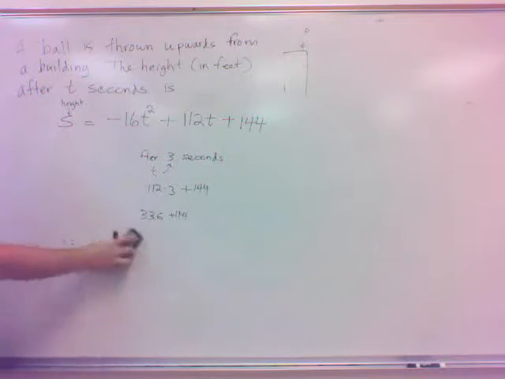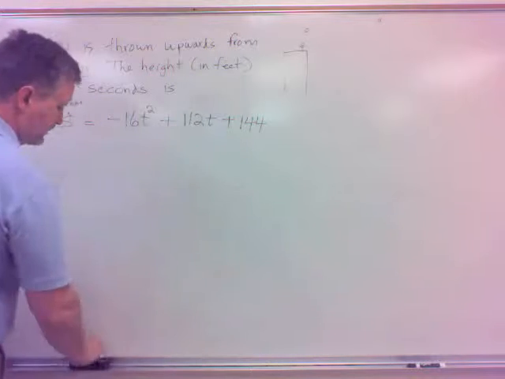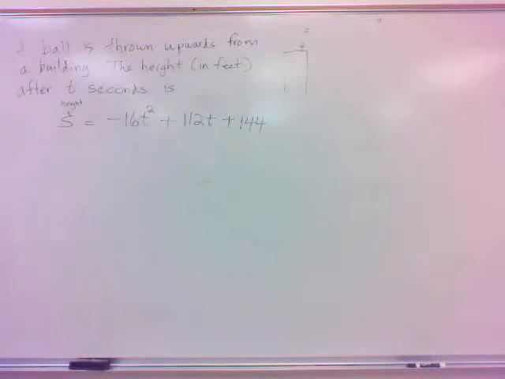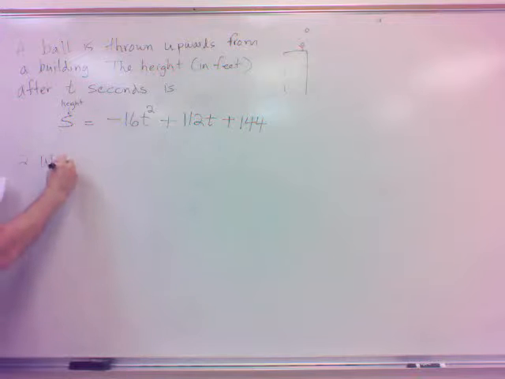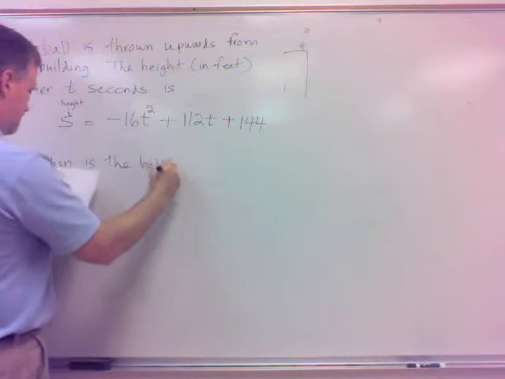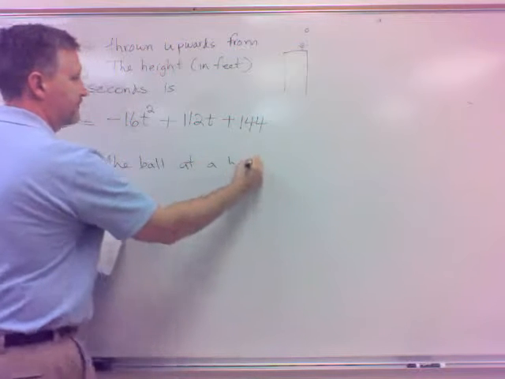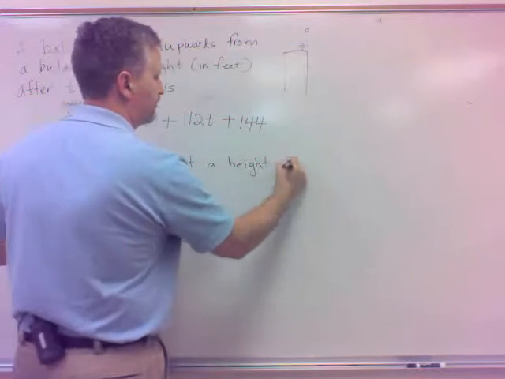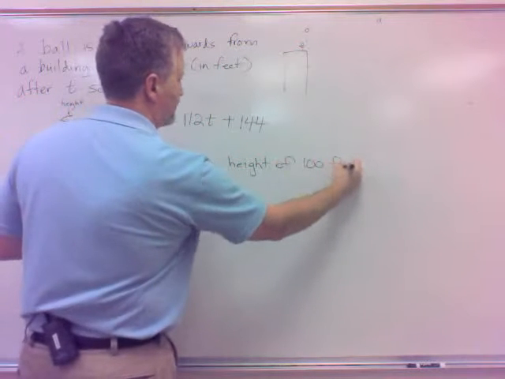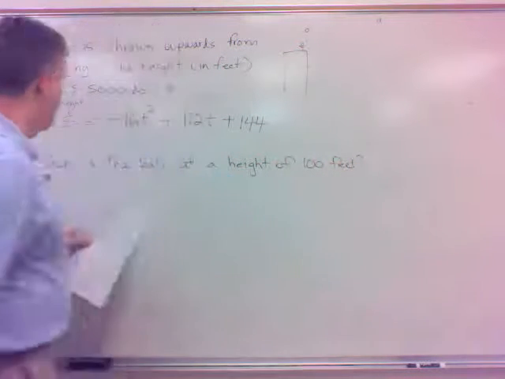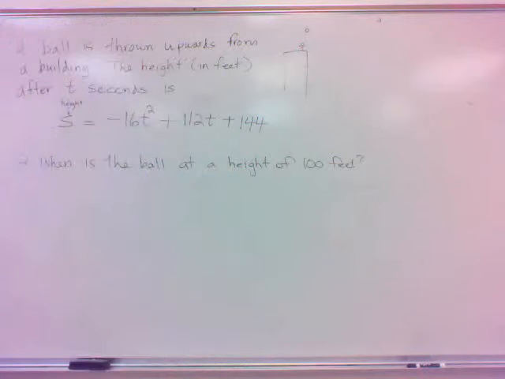All right, but number 2, let's do this. We're interested to know when is the ball at a height of 100 feet? When is the ball at a height of 100 feet?